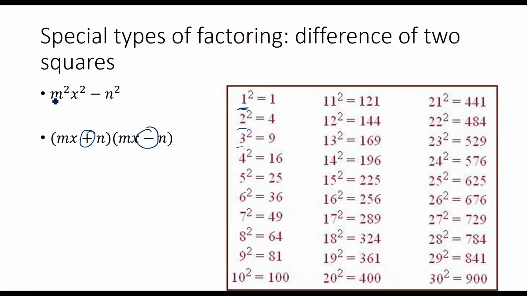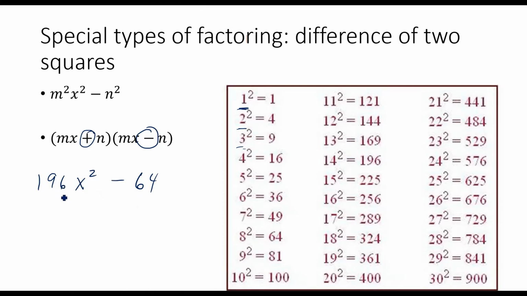An example of something that looks like this would be, let's say, 196. That's 14 squared. 196x squared minus some other square, 64. So this is the difference of two squares.